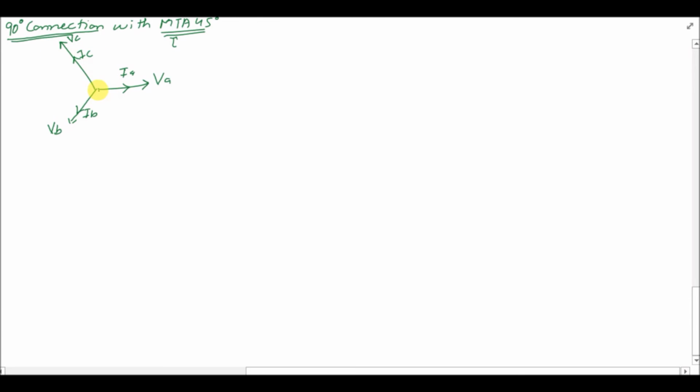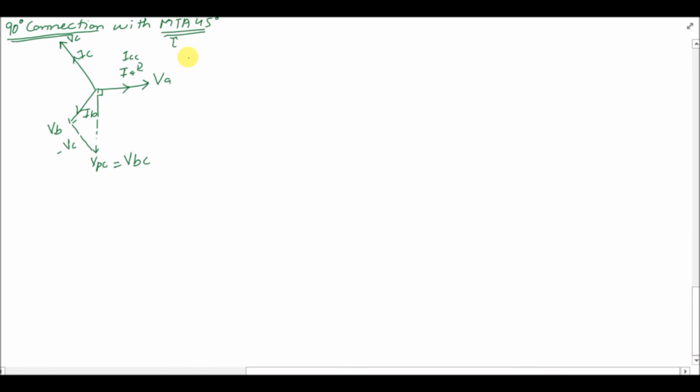And for the 90-degree connection, there should be a voltage somewhere here, so that we have 90-degree angle between IA in this case, and VPC, which will be VBC in this case, minus VC, right?